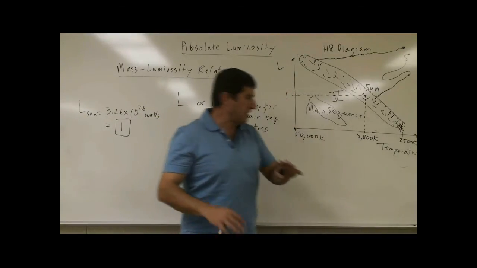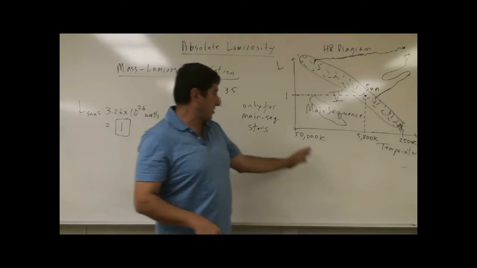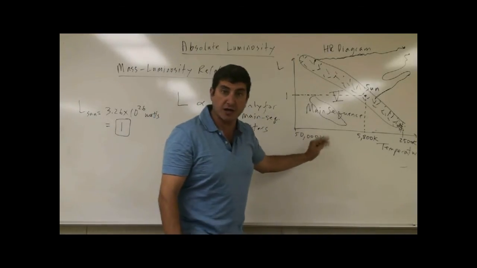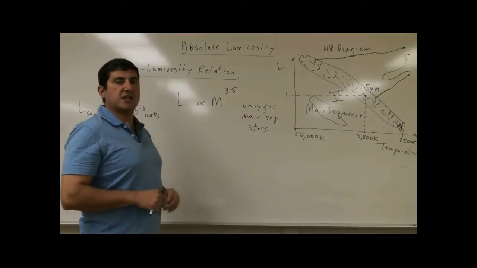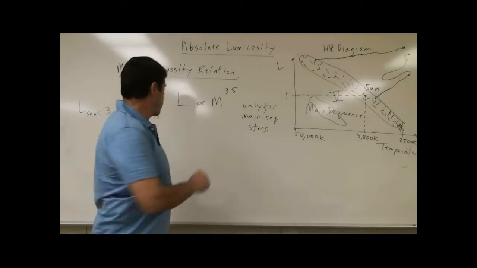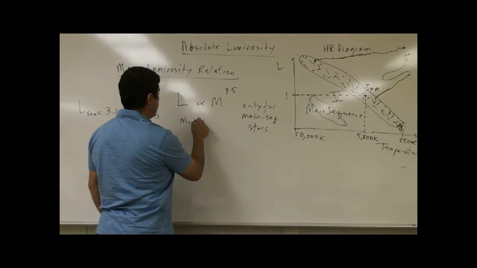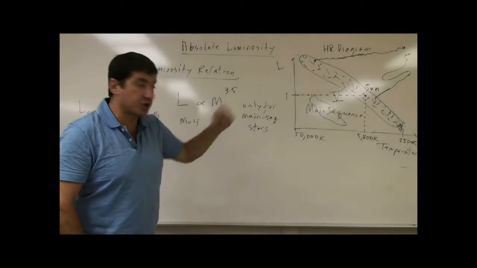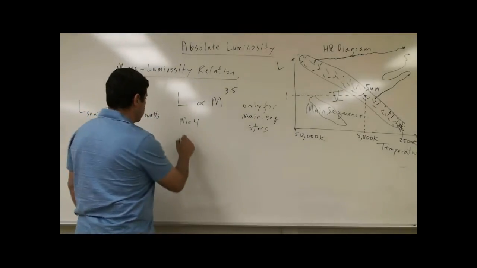So the sun is not the coldest star, not the hottest star, not the brightest star, not the dimmest star. Okay? So if I want to know, let's say there is a star which is 4 times heavier, M is 4, where would that go on the HR diagram? What would its luminosity be?